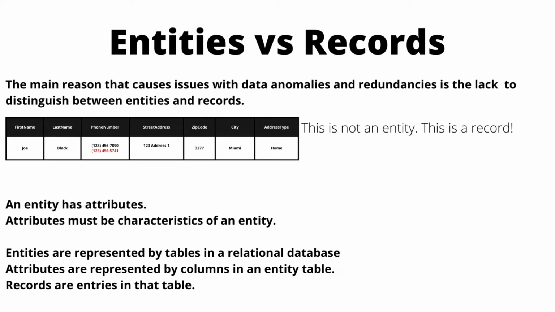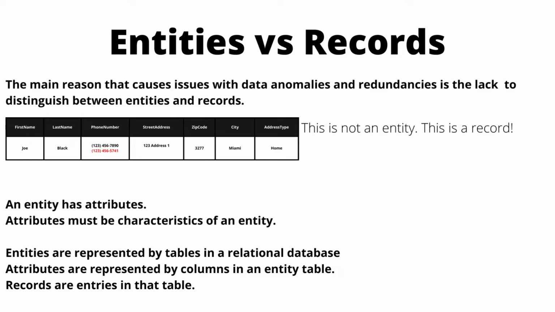But this is a record because we have different entities in the same record. We are ignoring the relationship that they should have between them to create different entities. We're putting everything in the same record, which makes this not really an entity, just a record. For example, the person and the address should be 2 different entities. Right now, we have them in the same place.